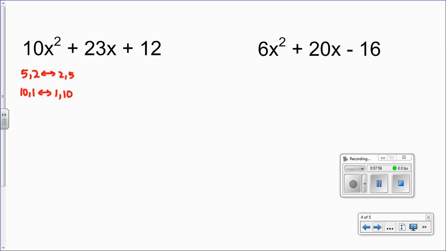Okay, with 12, and it's positive 12, I have 3 and 4, or 4 and 3. I have 6 and 2, or 2 and 6. And I have 1 and 12, or 12 and 1.